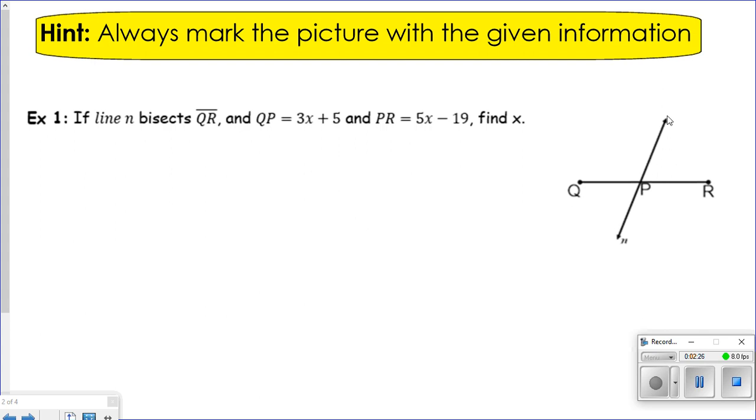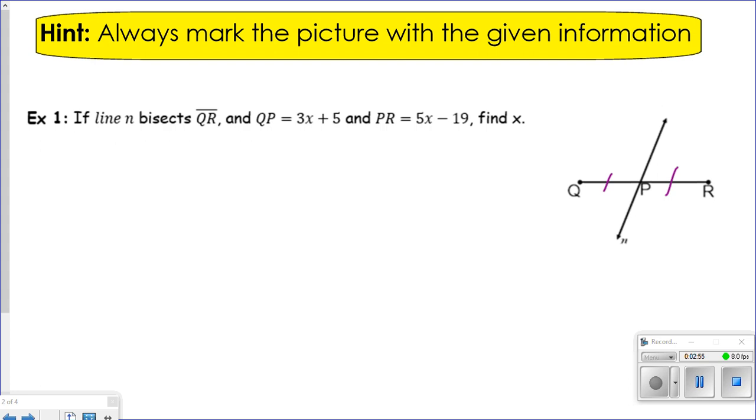So we know that line N is the bisector of QR, then we know that QP is congruent to PR. And because we know they're congruent, we're going to go ahead and mark them.